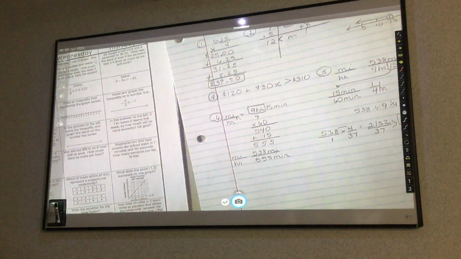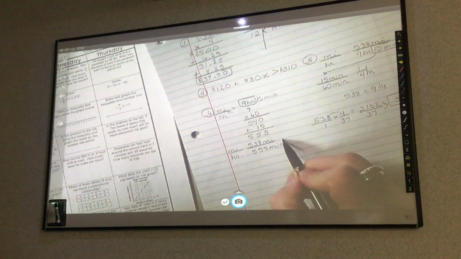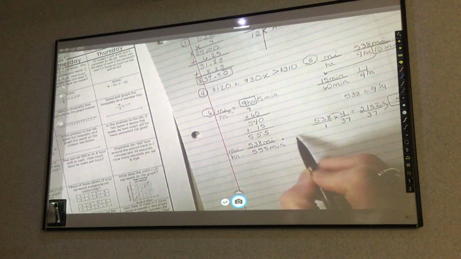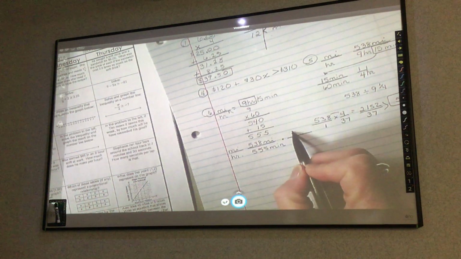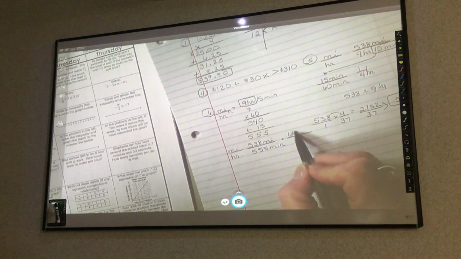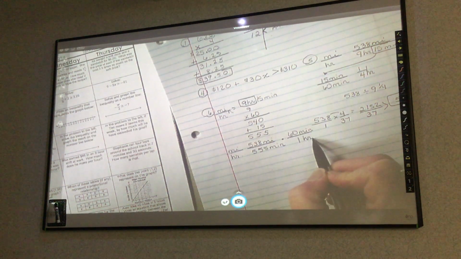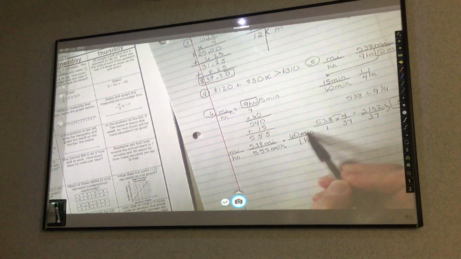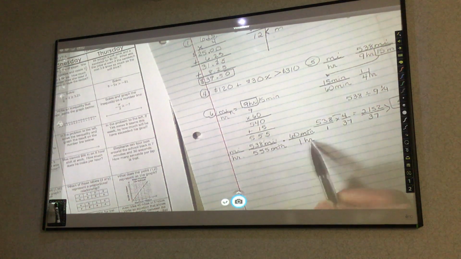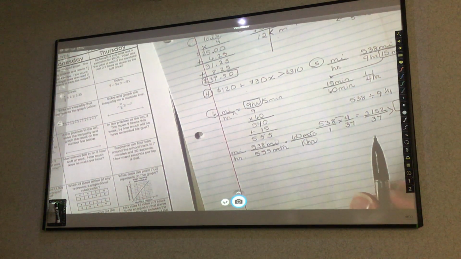Now, when we learned a couple weeks ago, I can change my minutes right in here to hours. Minutes goes on top, right? 60 minutes in 1 hour. Because these cancel each other out, I'll end up with miles per hour. This is when we were converting units of measure.